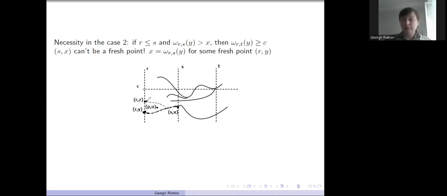But then this trajectory that starts from z cannot be bigger than x, so it must be equal to x. Now we can take the rational point between trajectories that started from y and from z, and it must arrive at x at time s and be below c at time t. So again, we get the sufficient condition.